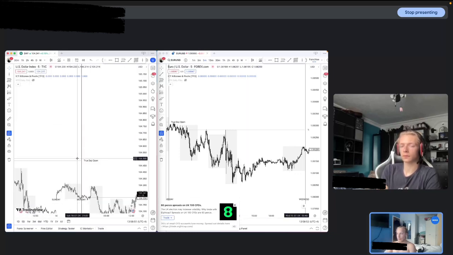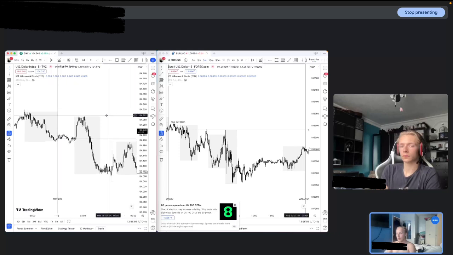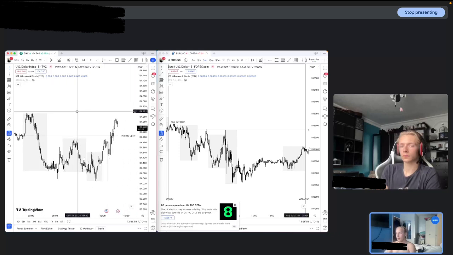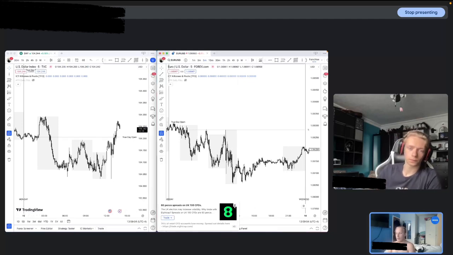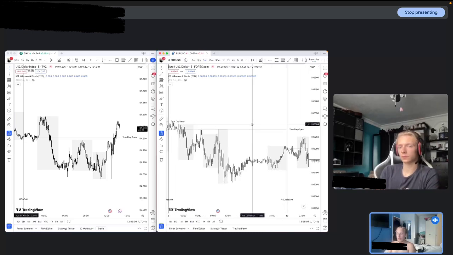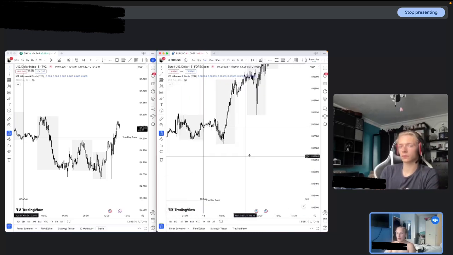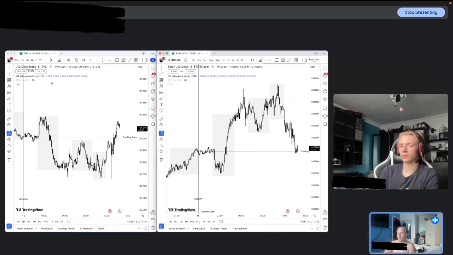So the way you trade needs to change, and this isn't a personal thing, this is literally what I've been through and had to realise. I can't be blindly trading Euro USD without knowing how strong the dollar is.